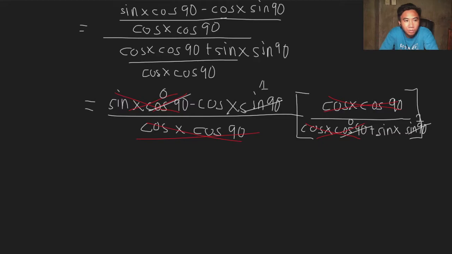Our answer will be what remains: negative cosine x all over sine x.